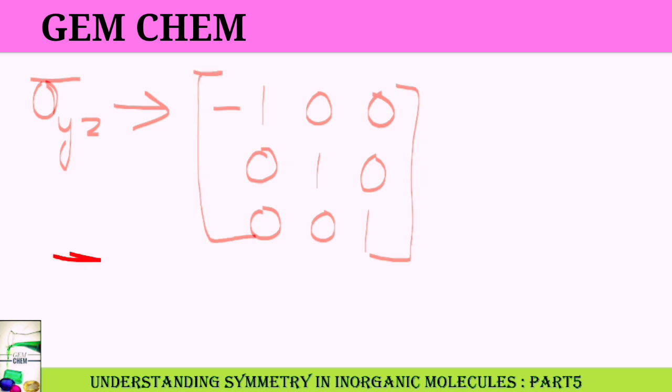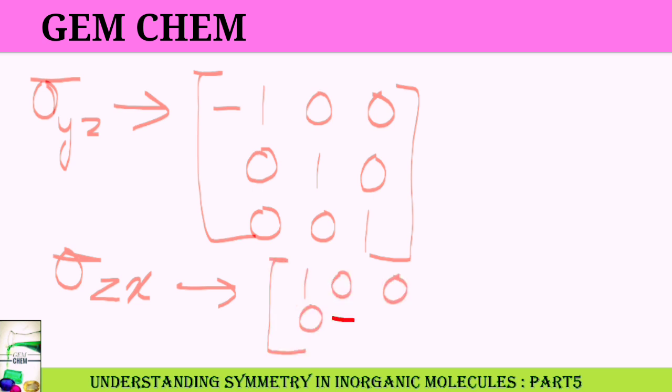And for sigma zx, similarly you can see that only y will change. So 1, 0, 0, 0, -1, 0, 0, 0, 1. Right? So these were the simplest operations which we have now seen in the matrix representation.